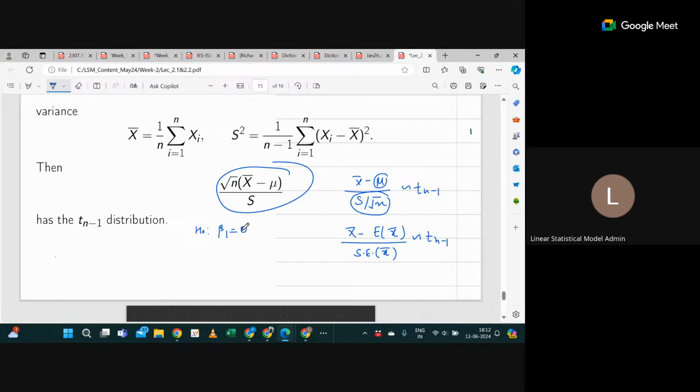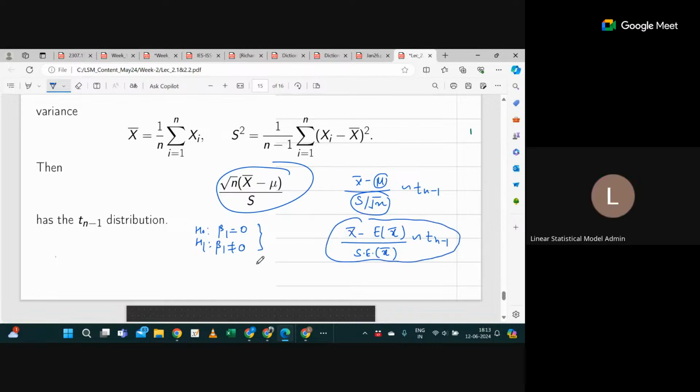Basically, you want to test whether this slope, beta 1, is significantly different from 0 or not. So you will make the alternative hypothesis as beta 1 is not equal to 0. In hypothesis testing, we are framing the statement for our hypothesis, right? Then this will follow the t distribution.